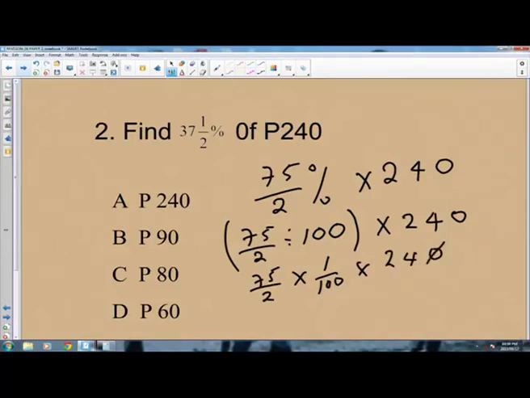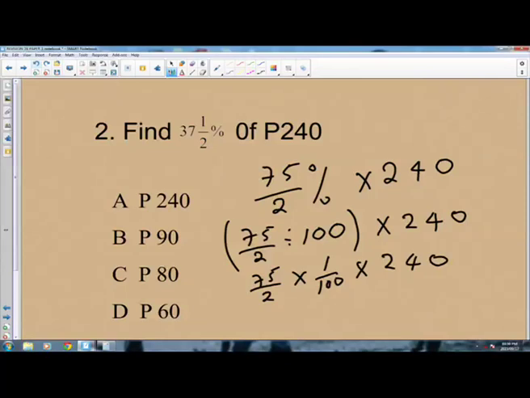The 0 here will cancel the 0 over here, or instead of cancelling, I think there's a better way of doing this. Let's not cancel, because when we cancel, it will take us long to get the answer. So this is just 75 over 2 times 1 over 100 times 240.